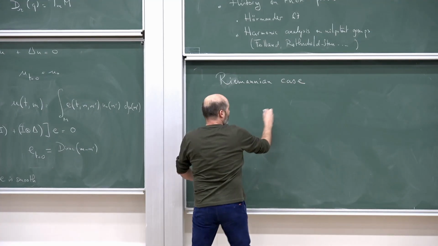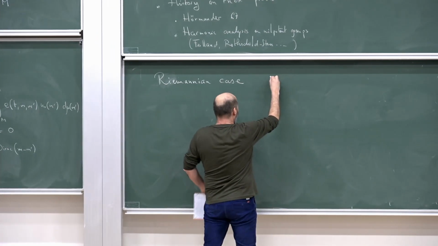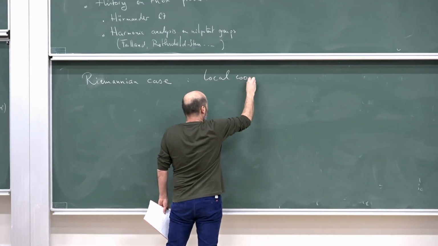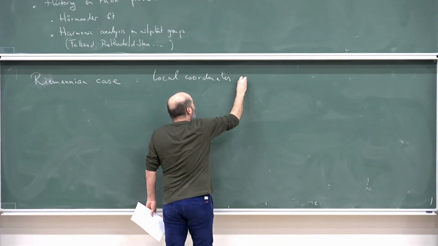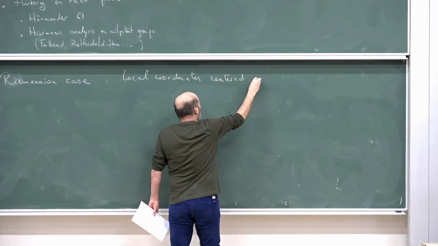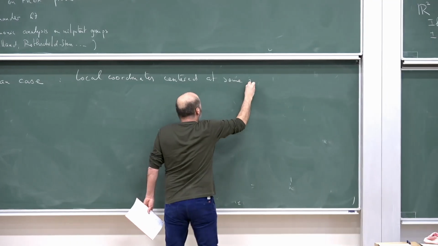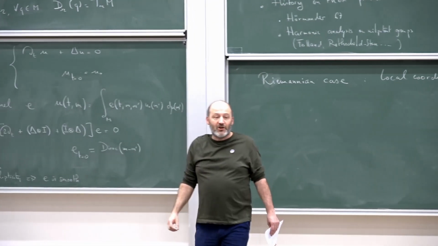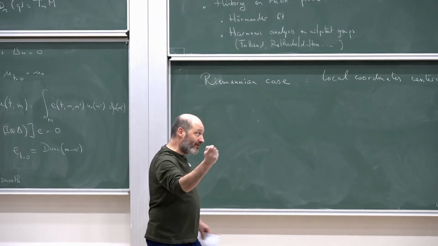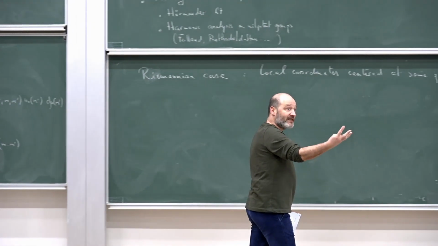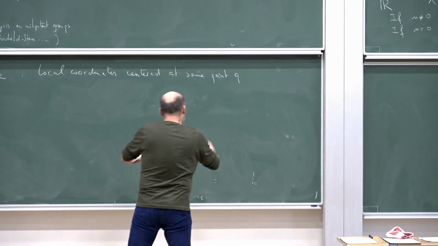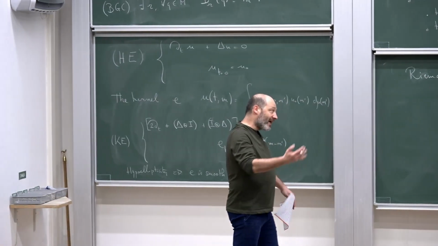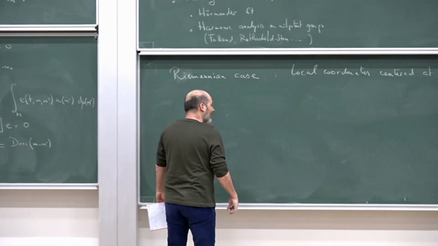Think that I have local coordinates. So I choose local coordinates centered at some point q. For instance, you can think about exponential coordinates at q, so q may vary, and the system of coordinates varies with q. Then I fix q, I make computations in this system of coordinates, and at the end I will remember how it depends on q.